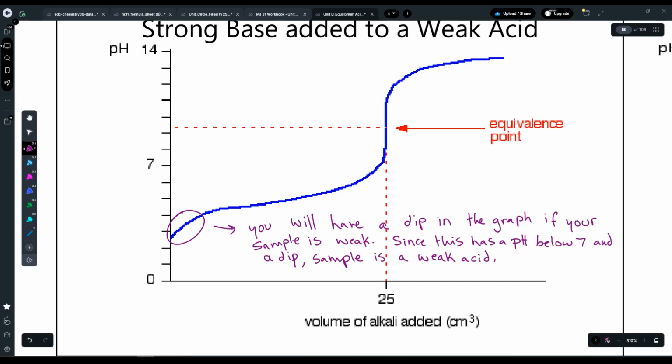So since we have a pH that's below 7 and we have this dip, that tells us our sample is a weak acid.